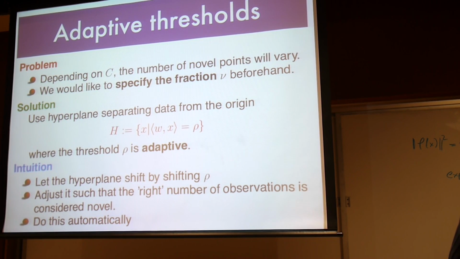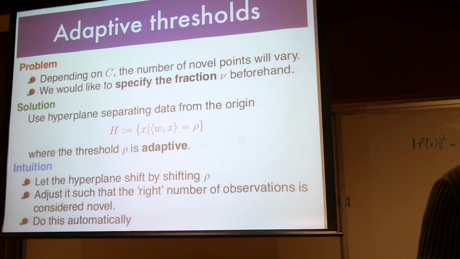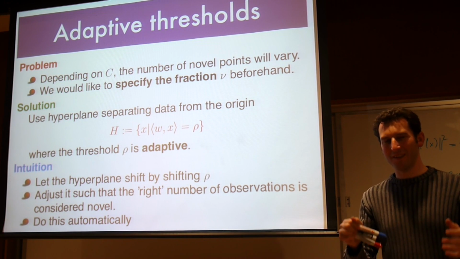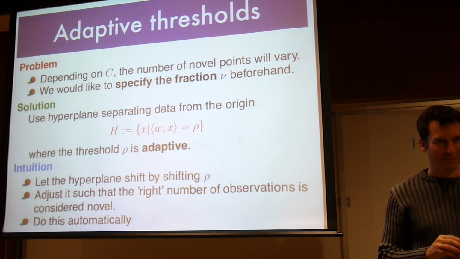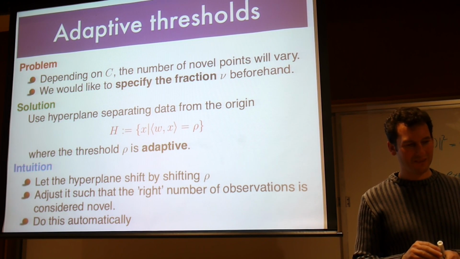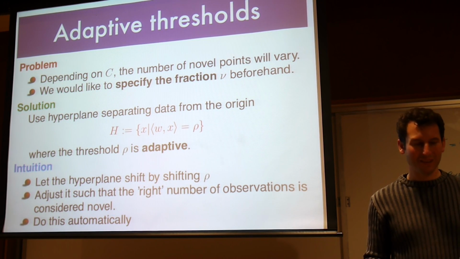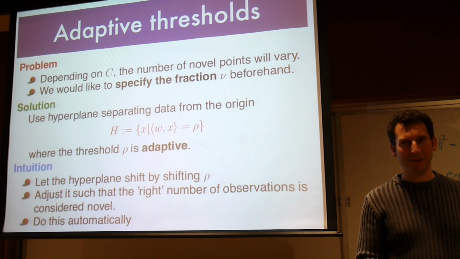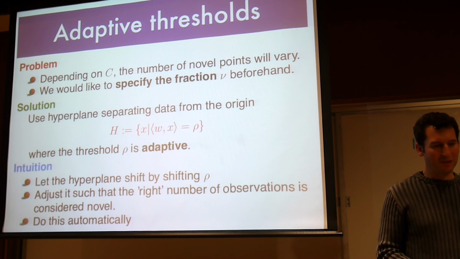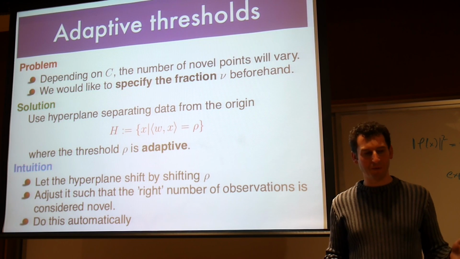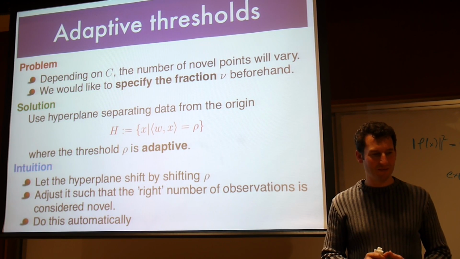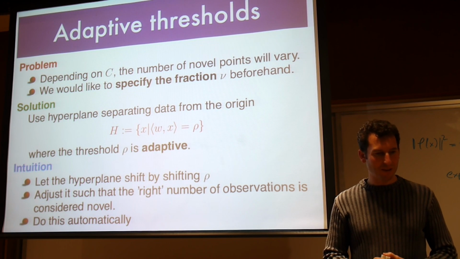Now, there's a little problem. Remember this car alarm, right? I would like to set it in such a way that it annoys the neighbor on average once a week. So how can I do that? If I build my single class SVM problem and I pick some value of C, the number of points that I get will actually be variable, and I would rather like to fix that. So here's what we can do.